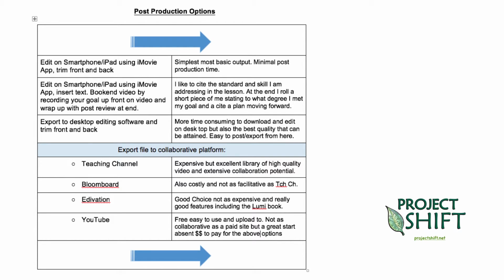When we export it, then it becomes ready for an upload. And I have to always know what site I'm going to use to collaborate with, because that will determine the type of file I need. Is it an MPEG-4, AVI, .mov, QuickTime file versus a movie media player? It's really important for us to know these details before we continue.